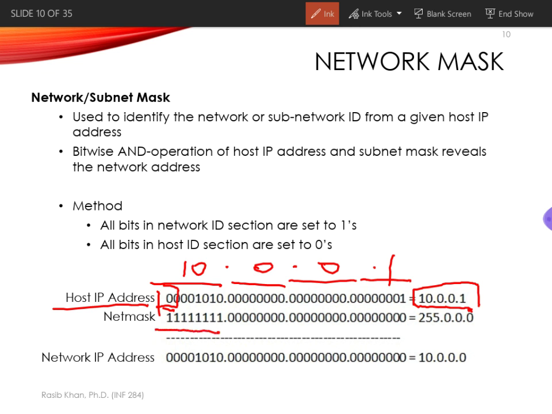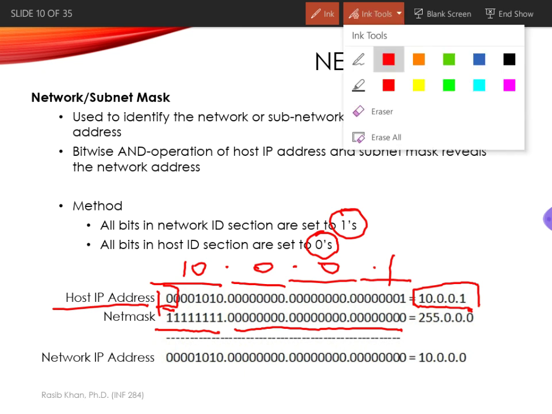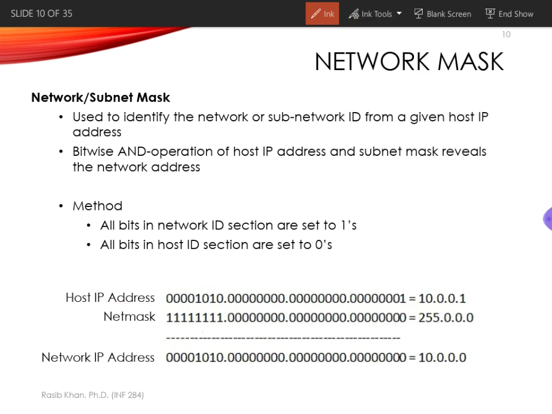So we take the part for the net ID and we set it to all ones. And for all the bits in the host ID, we set it to all zeros. Now if we perform an AND operation of all the bits of the host IP address and the net mask, you will see that we will obtain the network IP address.